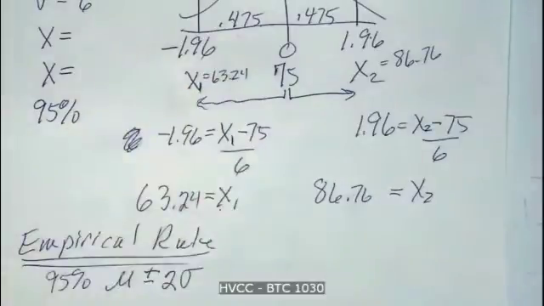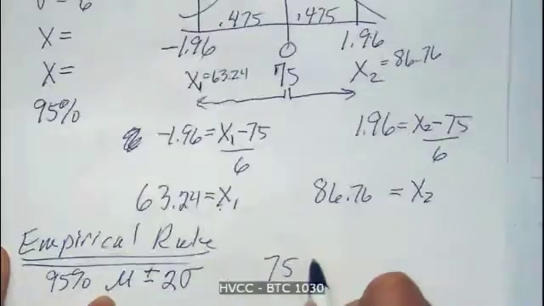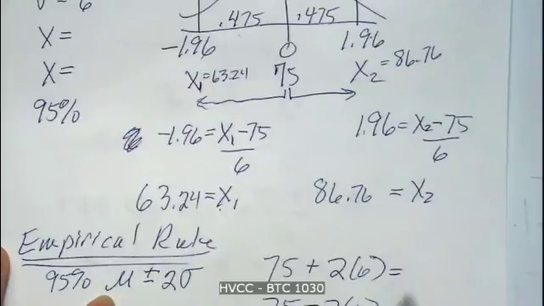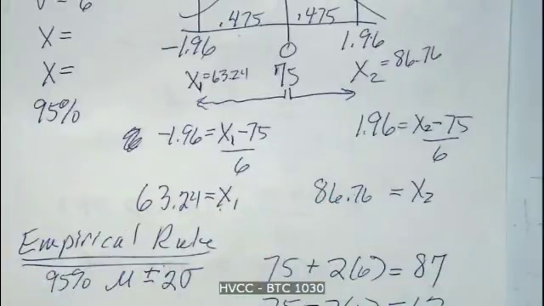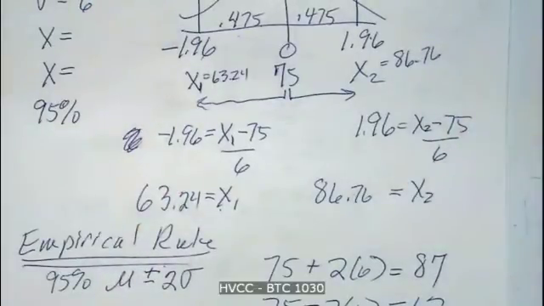Well, if I use the empirical rule for this, I say 75 plus 2 standard deviations and 75 minus 2 standard deviations. And what do I get? I get 87 and 63. Close, very close. The empirical rule is an approximation. When I do it this way, it's an exact value. I want you to think about that for a couple of minutes.